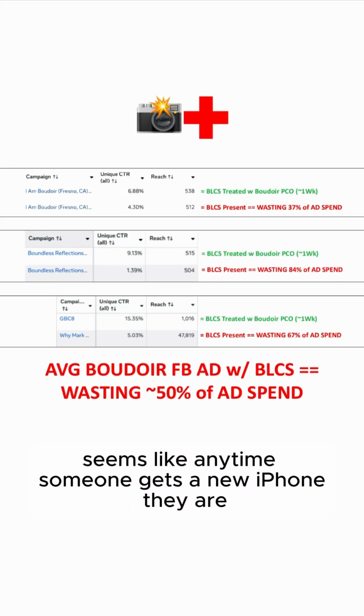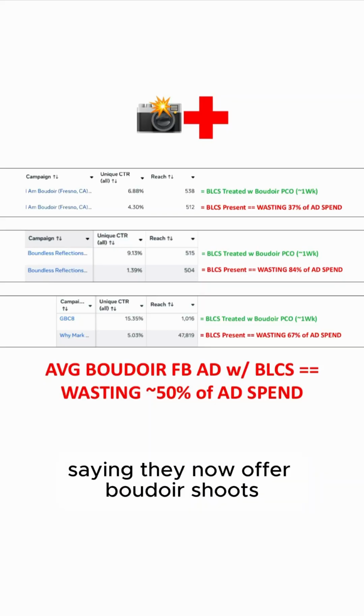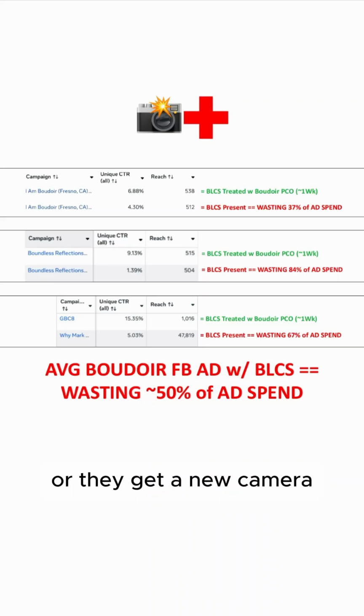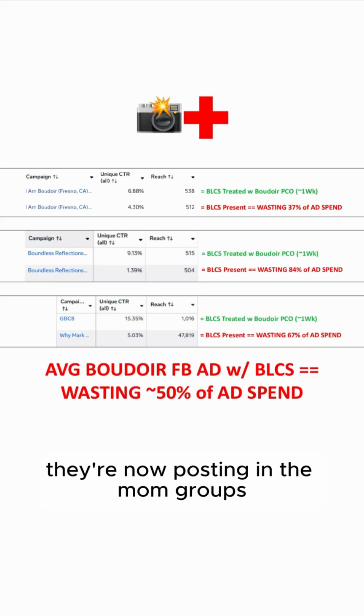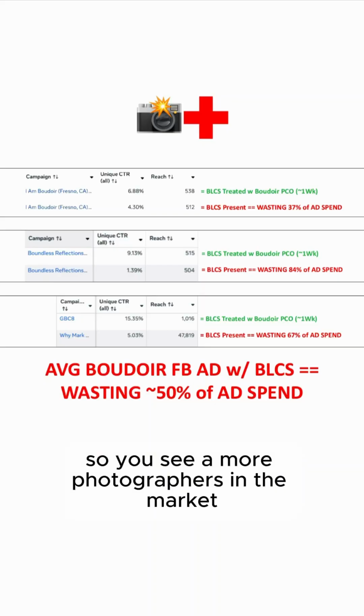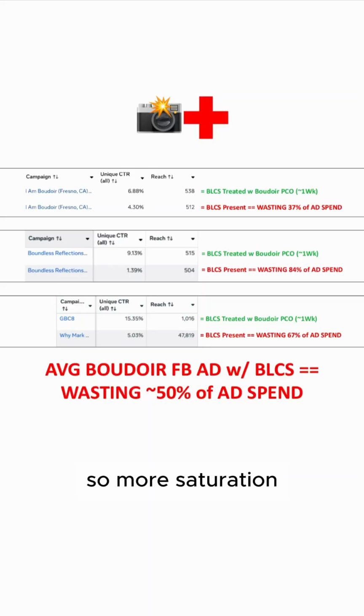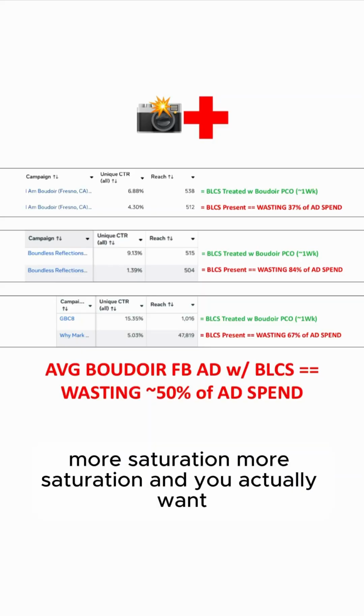Seems like anytime someone gets a new iPhone, they are throwing up their Google My Business profile, saying they now offer boudoir shoots, or if they get a new camera, they're now posting in the mom groups, saying they now offer boudoir shoots. So you see more boudoir photographers in the market competing for the same number of buyers. So more saturation, more saturation, more saturation.